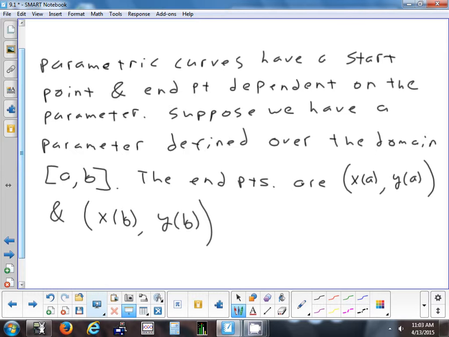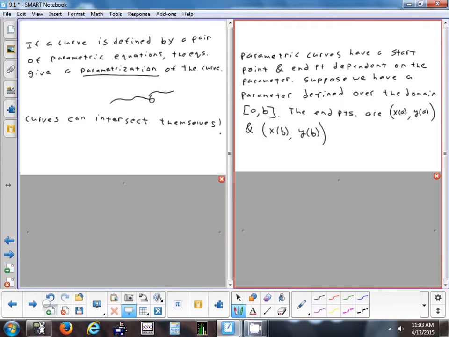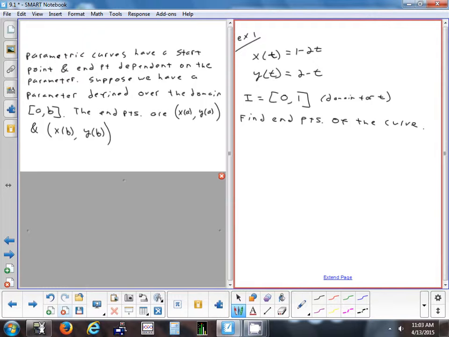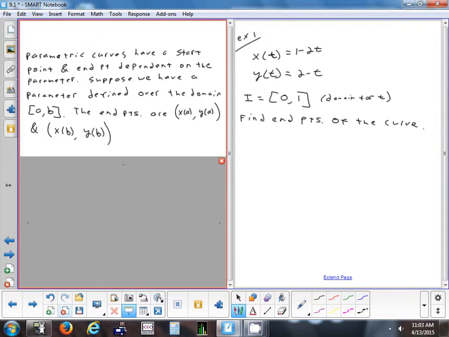Okay, so I'm going to keep that up while we look at our first example and see if we can figure out where the endpoints are of that parametric curve. My equation for the x values is 1 minus 2t. The equation for the y values is 2 minus t.